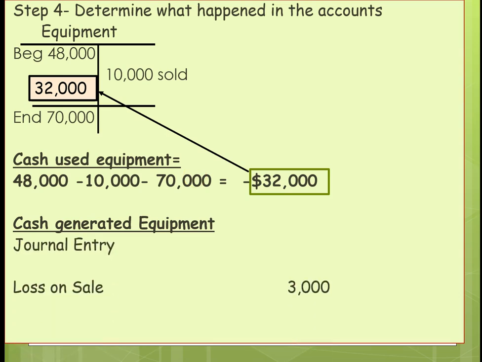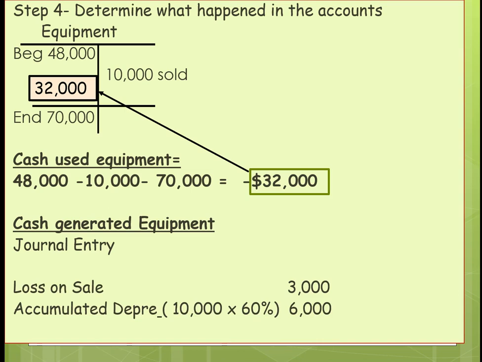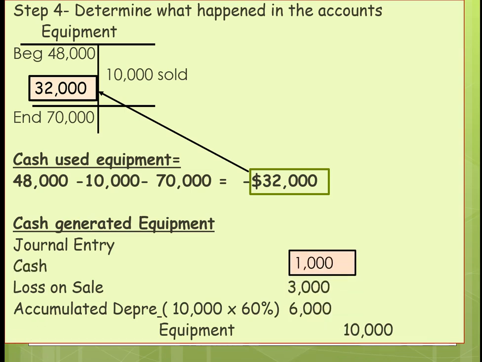Well, we know the loss was 3. We know the accumulated depreciation was 6, and we know the equipment was 10, which means we had to use cash of $1,000. Oh, I'm sorry, we received $1,000 on our equipment. We bought equipment for $32,000, and we sold equipment and got $1,000 in cash.